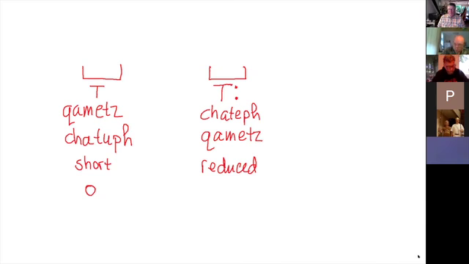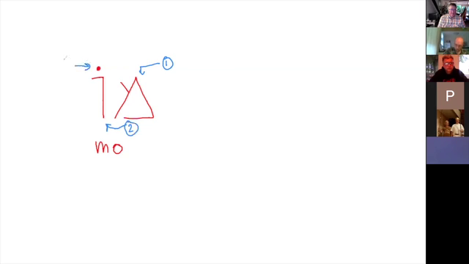So some examples. You do this. And this is the word mo. You start with the mem, and then you draw the vav, and then you draw the dot.